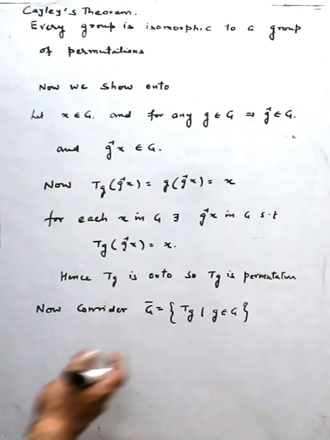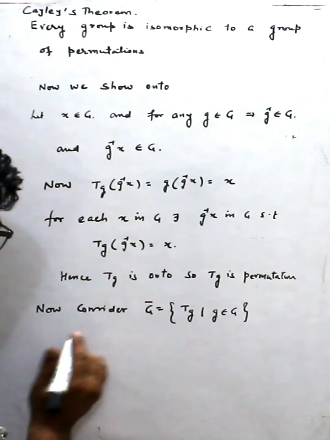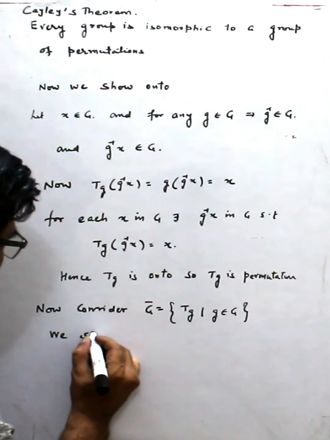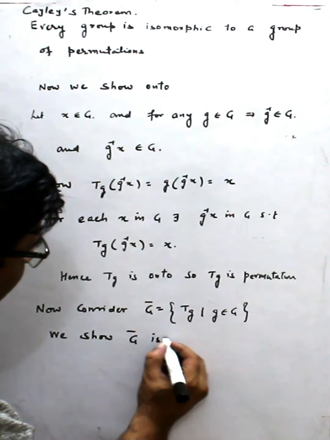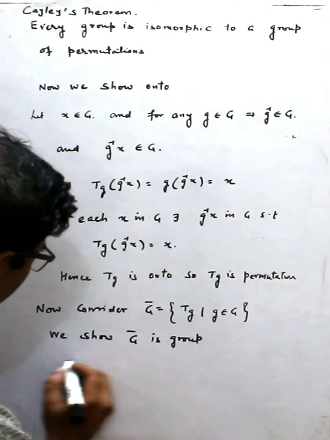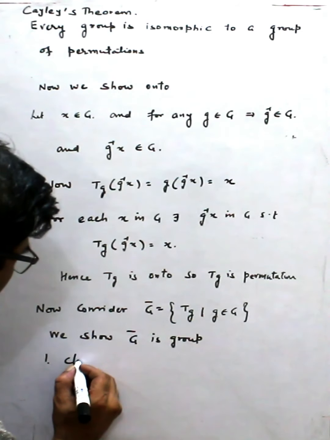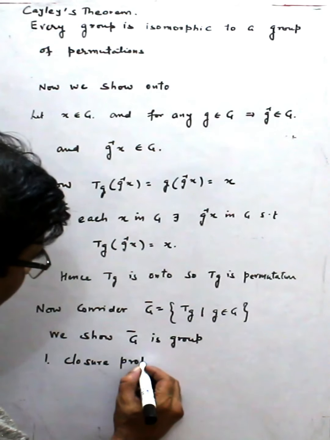To show it is a group, first we prove the closure property. We show G bar is a group. Number 1, closure property.